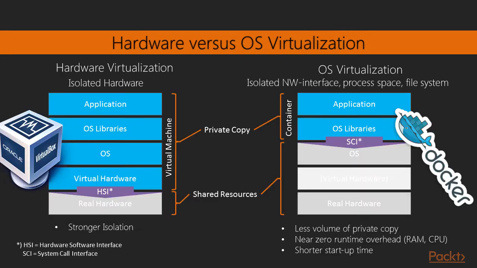So, what's this difference between hardware and operating system virtualization? I guess all of you have probably used virtual machines, right? And virtual machines are all about hardware virtualization. So what you usually have is a virtual machine that consists of virtual hardware, a full operating system, some operating system libraries, and your application.